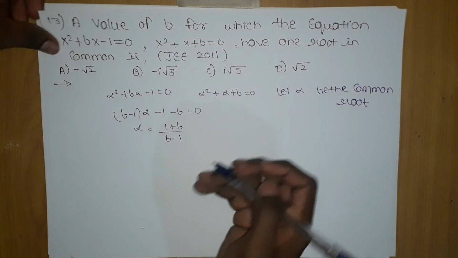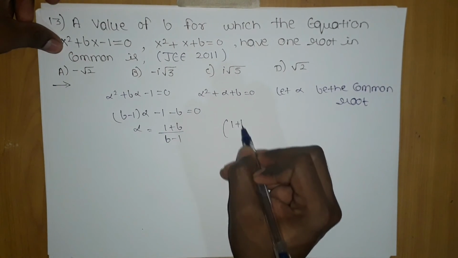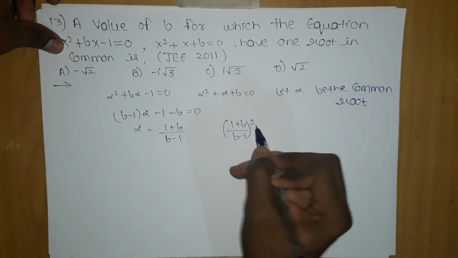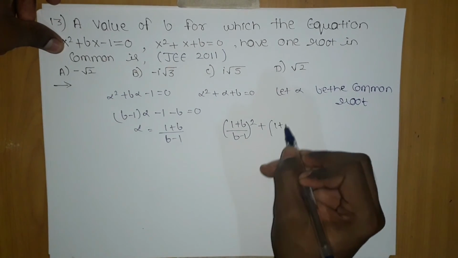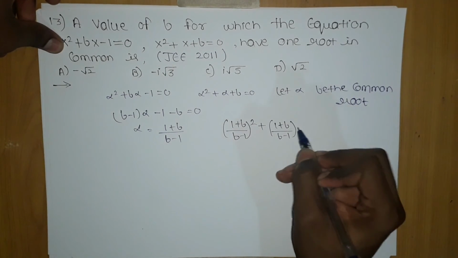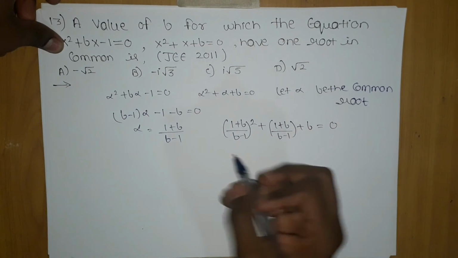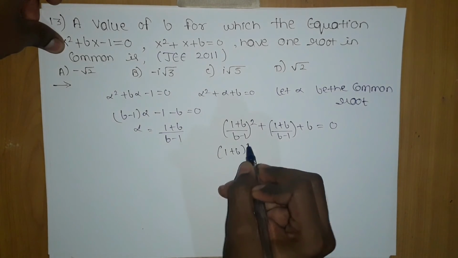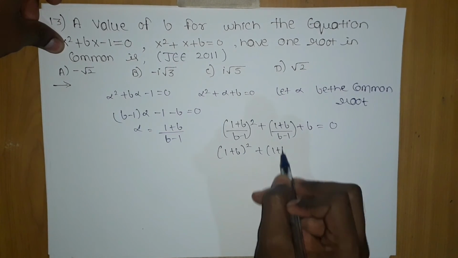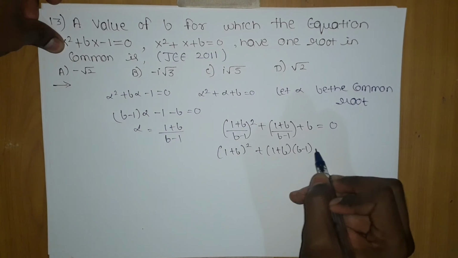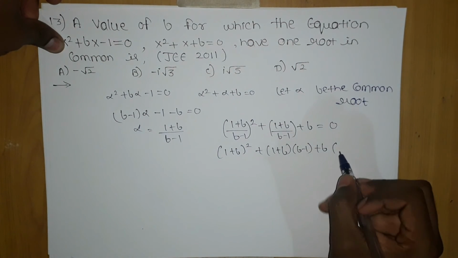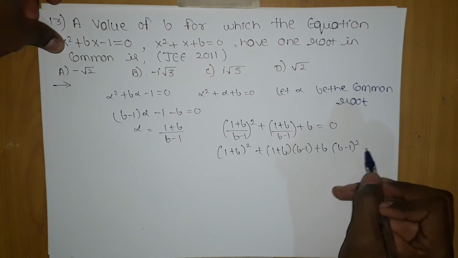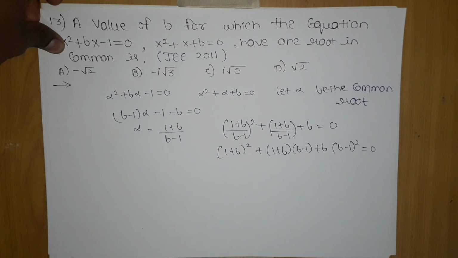We want to reduce our job, so it will be 1 plus b upon b minus 1 the whole square plus 1 plus b upon b minus 1 plus b should be equal to 0. If I multiply it throughout by b minus 1 the whole square, what I will get? 1 plus b the whole square, plus 1 plus b into b minus 1, plus b into b minus 1 the whole square should be equal to 0, right?